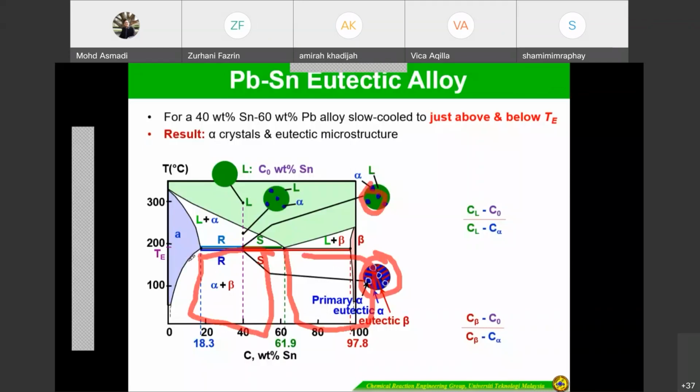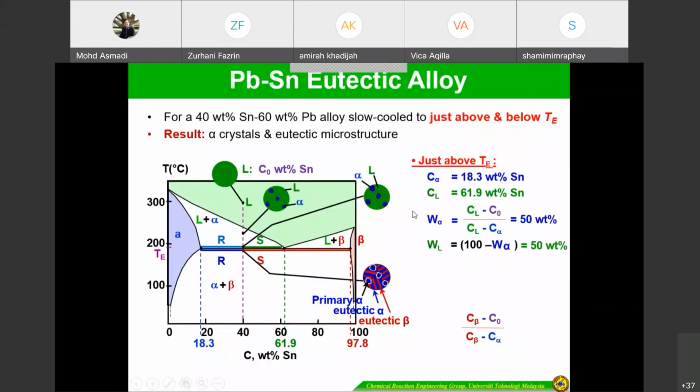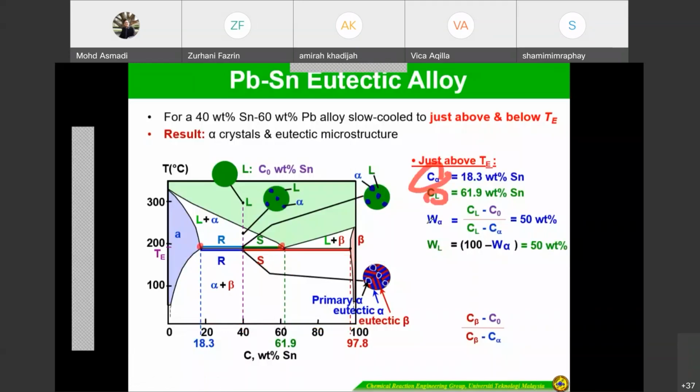Primary is proeutectic. How can we calculate this? Just above TE, this point, the blue and green, you can calculate alpha and liquid, and also the fraction of alpha and liquid. And similarly you can do it for just below this line.